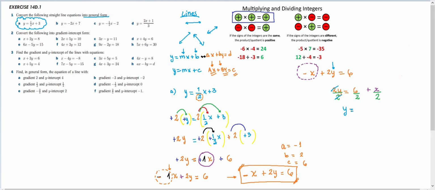Okay, now what if I didn't do it like that? Okay, what you can do is to say 6, you can rewrite it as 2 times 3. And you have the denominator, which is 2. I'm only changing the way the 6 looks.